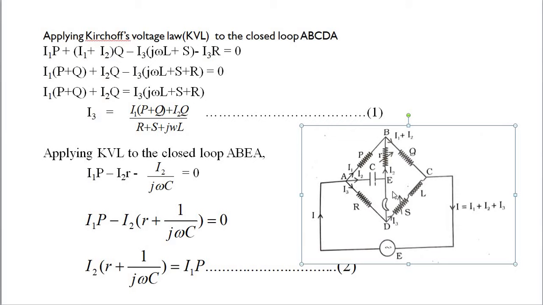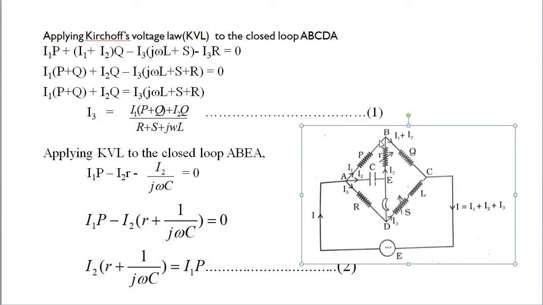At the balanced condition, there is no current flowing through this headphone. So I3 will flow in this direction because there is no current flowing through this detector. The detector will read minimum sound. So at that point there will be no current. The total current comes here and splits into I1 and I3.